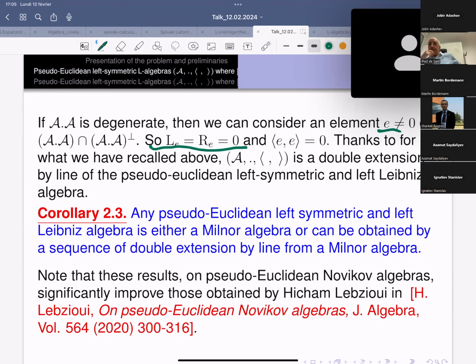Here I give a simple description of this type in any signature, because in the paper of Hicham Lebziri, he gave some results in the Lorentzian case.